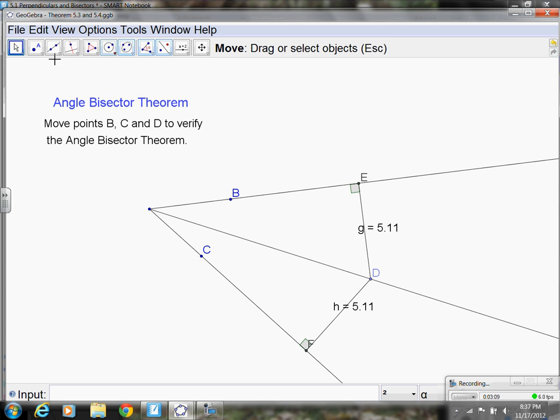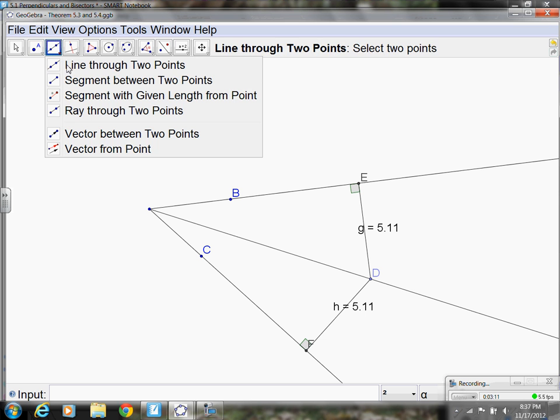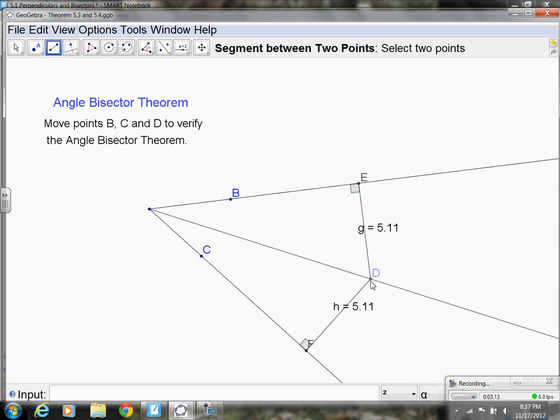Now, could be a silly question, but what if I put a different segment here, like this? Is this segment and this segment going to have the same length? We know when it's here, it has the same length as that segment, segment FD, but does this segment have the same length?